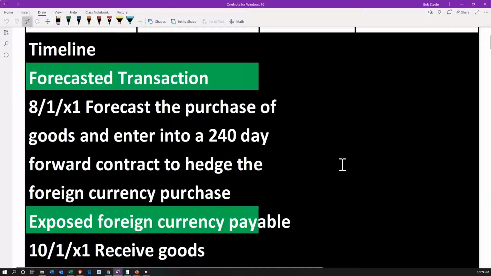So we haven't made the purchase, we don't have a contract for the purchase, but we predict the purchase to be happening and enter into a forward exchange contract, which we're going to make a 240-day contract from this point in time until the end of what we think the cycle of the purchase will be, meaning we actually pay off the payable.